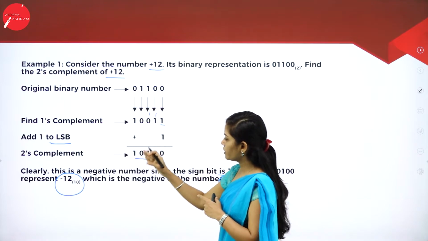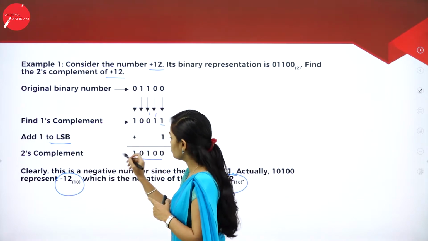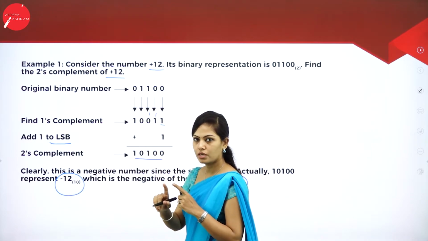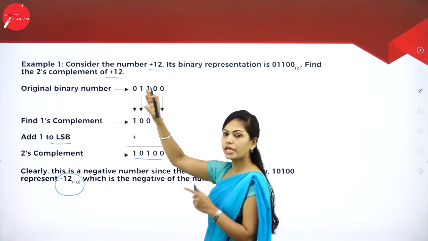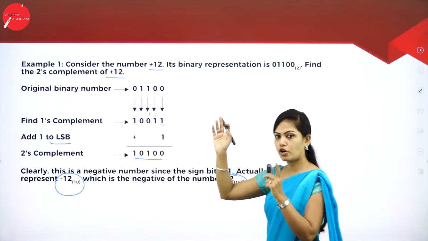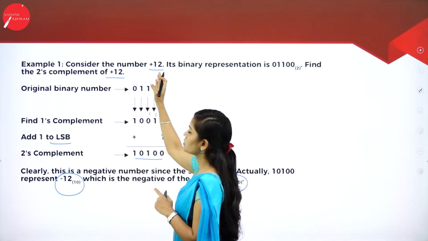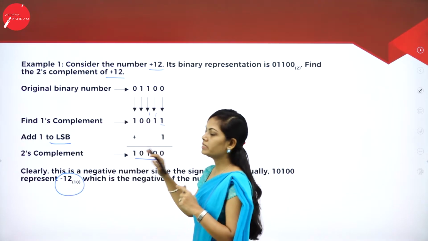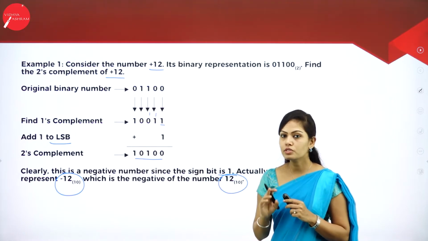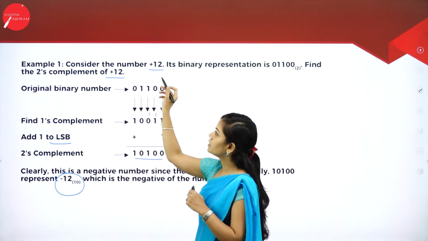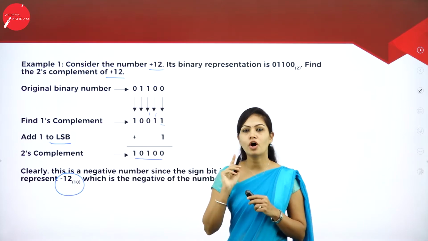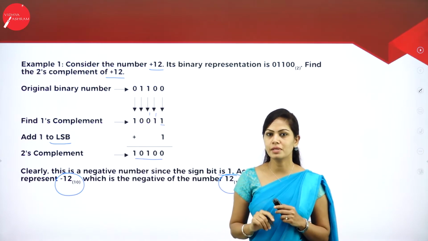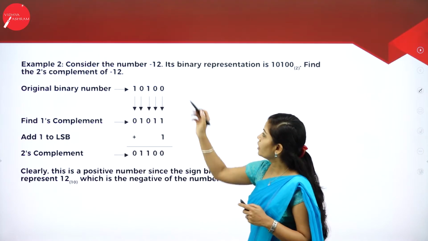Finally we get a negative number because your sign bit is 1. So negation means plus changes to minus. So we got the final answer here. Plus 12 changes to minus 12 using the 2's complement method. Using the 2's complement method, we can find whether the given number is positive or negative. Very simple concept.